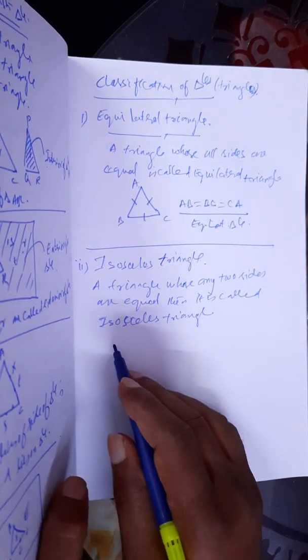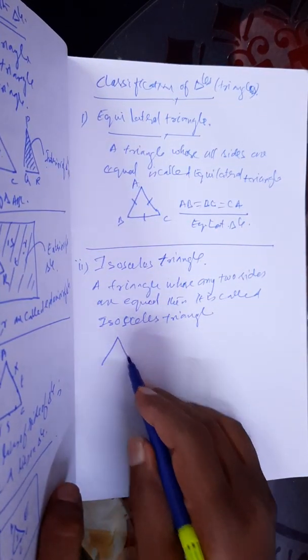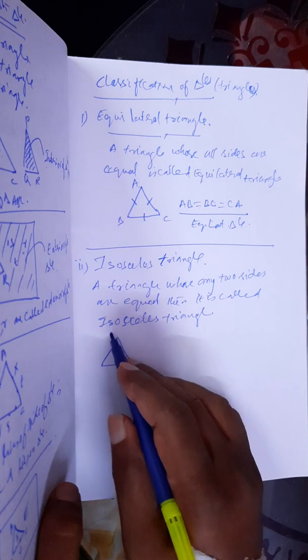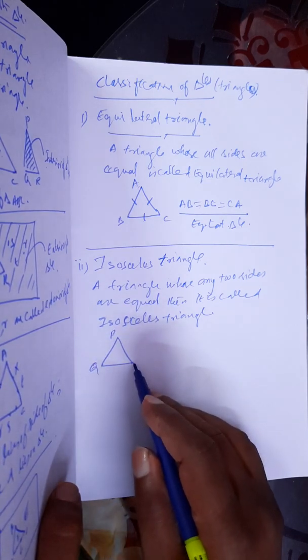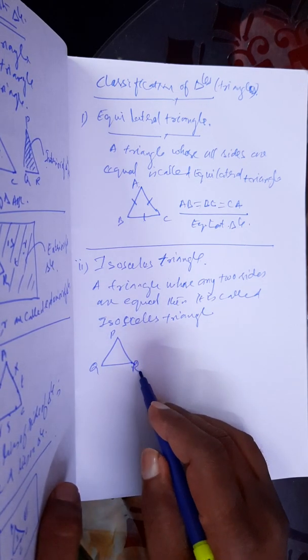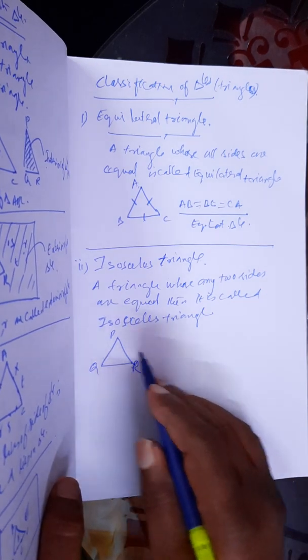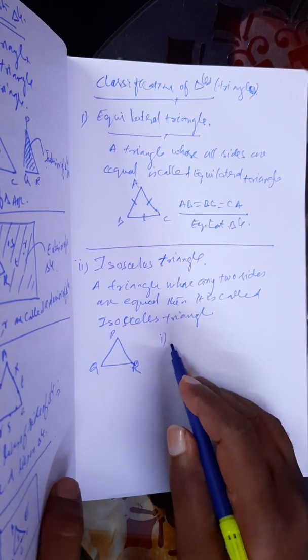Suppose this is your triangle PQR. Here any two are equal, that means three conditions are possible.